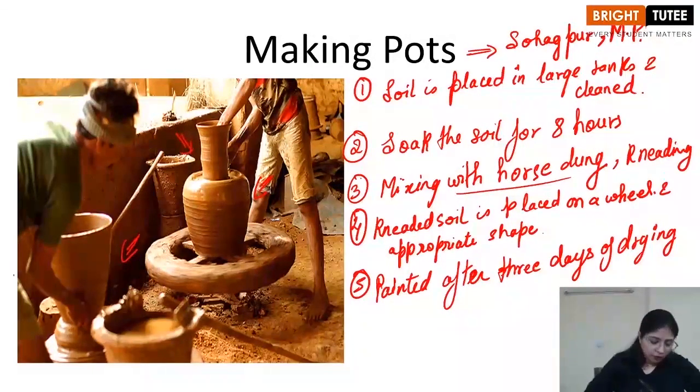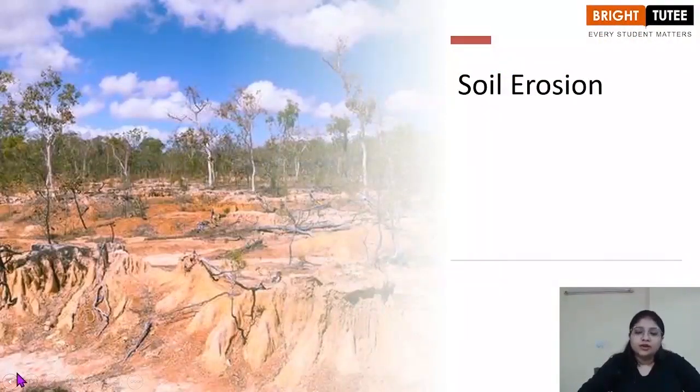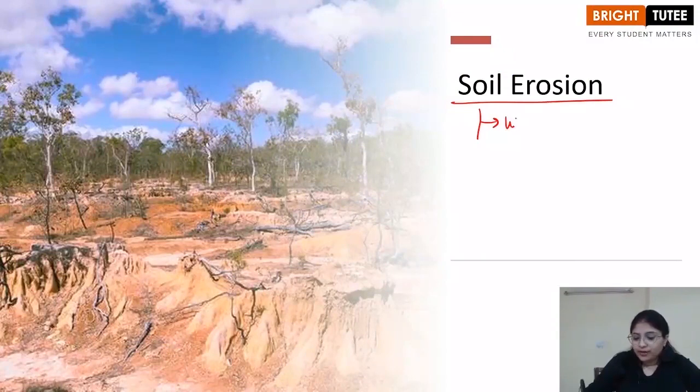Now, once we've understood another use of soil, let's talk about a particular phenomenon which is quite dangerous and is known as soil erosion. Soil erosion occurs by the action of wind, water and ice, right? Usually it is seen in areas which are barren.